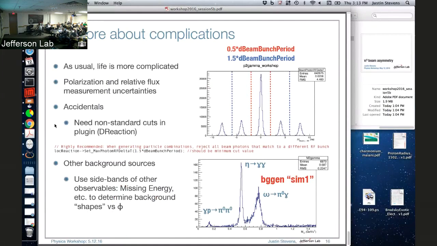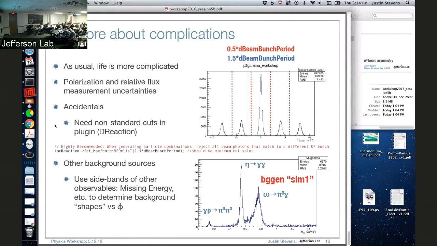If you look at the P2 gamma histograms using the plugin that was used to create these root trees, you would get a sharp spike at this delta T of 0, where this is really your prompt signal, where you're selecting the true photon most of the time that produced the reaction in the target. But you do have these side bands, which are 4 nanoseconds away, which are the out-of-time photons.